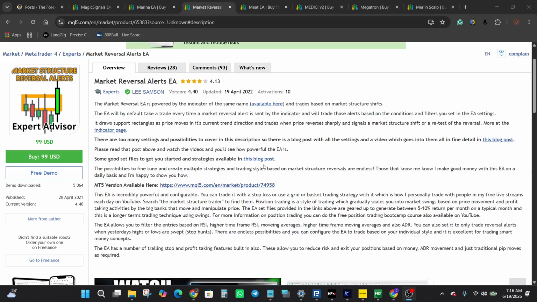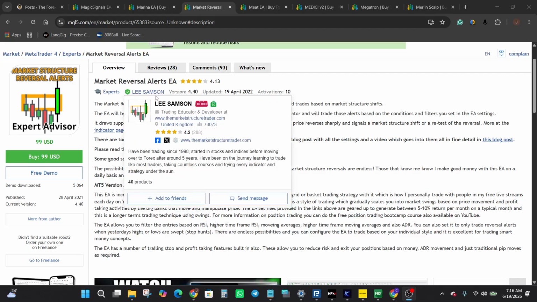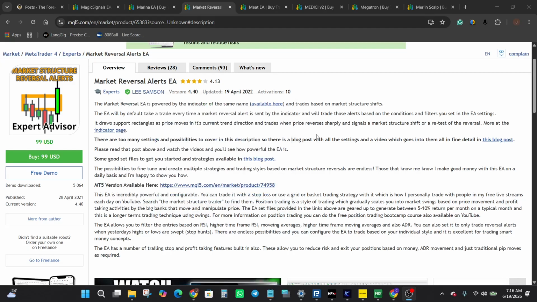Now, starting on the Marketplace page, Market Reversal Alerts EA is developed by Lee Samson and is currently listed at a price of 99 US dollars. The version shown here is 4.4, updated on April 19th, 2022. The developer also notes that both MT4 and MT5 versions are available.